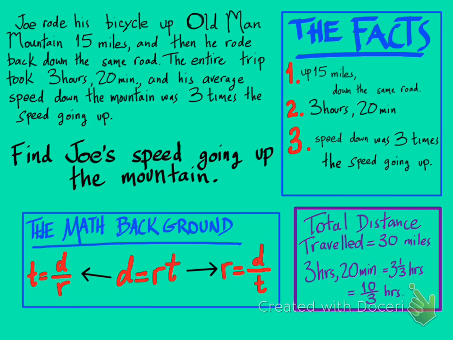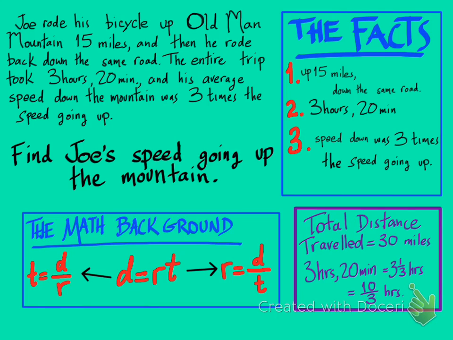If you can rewrite that hours, minutes total there as a fraction, it could very well be an advantage for you when you write your equation. 3 hours and 20 minutes is 3 hours plus 1/3 of an hour, 3 1/3 hours, which you could simplify down to 10/3 hours. Okay, we'll come back to that a little bit later, but just kind of throw that in here at the beginning.